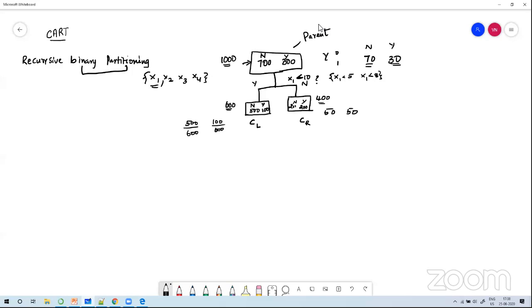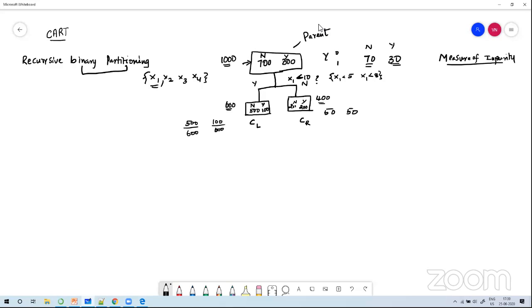Now compared to the parent node, is the separation of yes and no observations in the child nodes better or not? How do we decide? So we have to understand something called a measure of impurity.